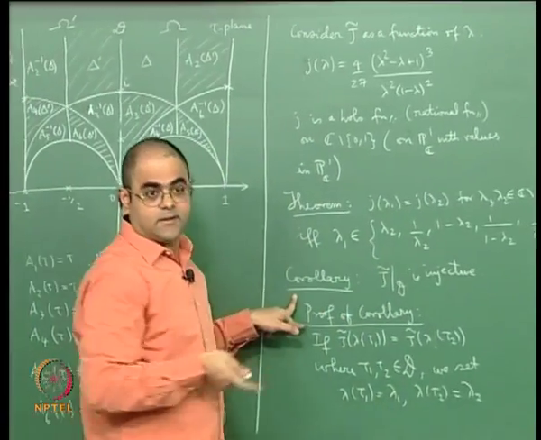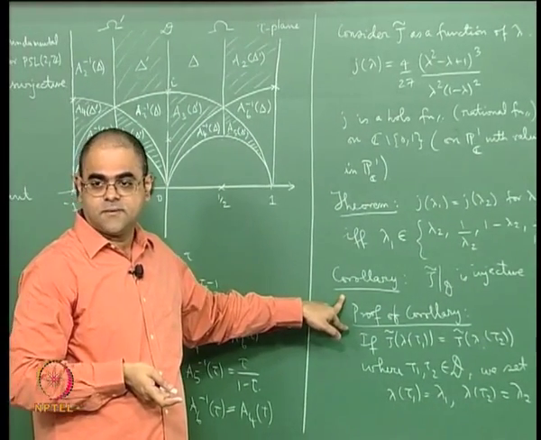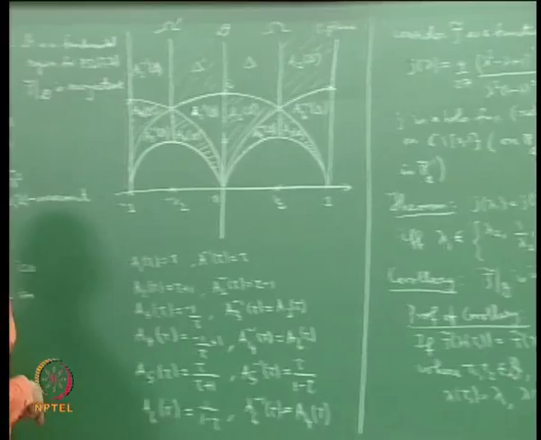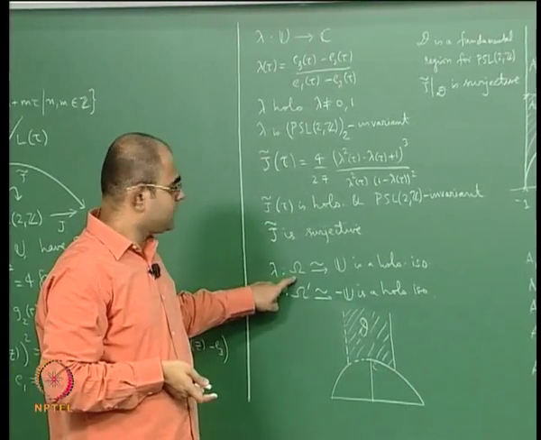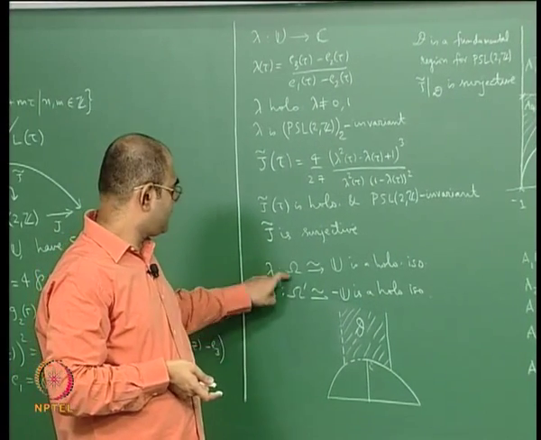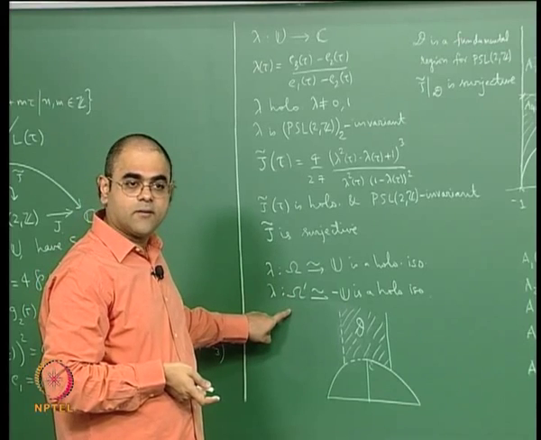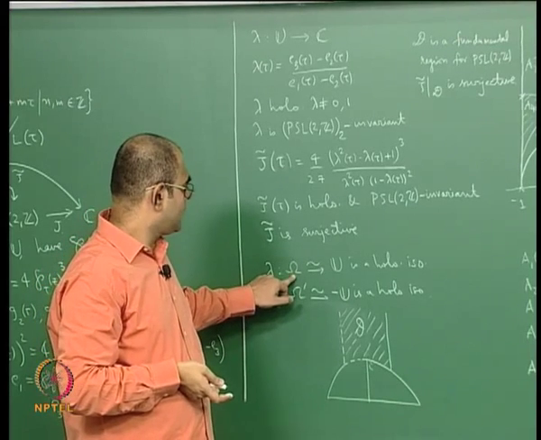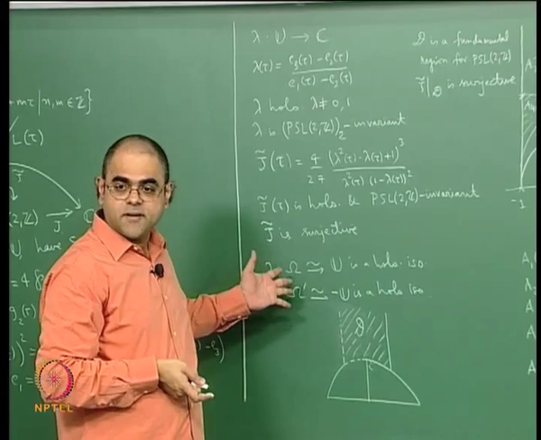look, now I claim we have got the proof of the corollary, because you see lambda on omega and omega prime, and if you take part of the boundary, lambda is actually biholomorphic.